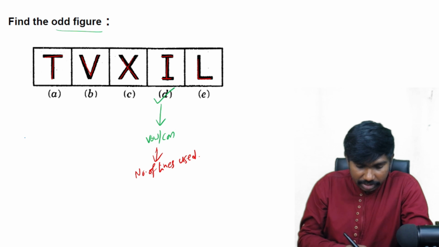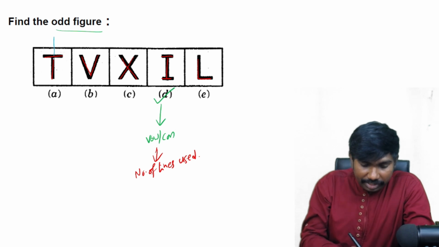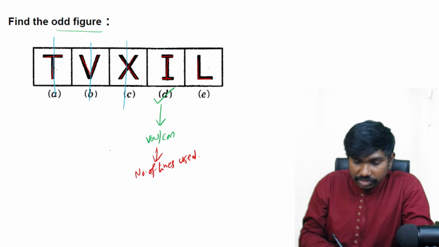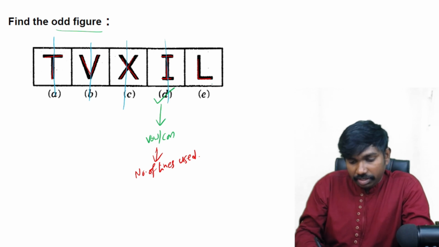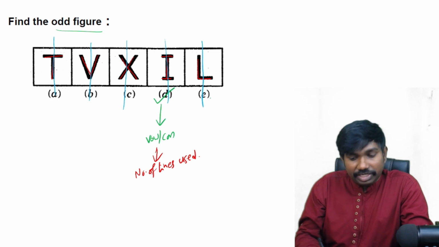If you consider the logic of symmetry, the letter T is symmetrical vertically, V also, X also, even I also, but this one is not symmetrical, it does not have vertical symmetry.